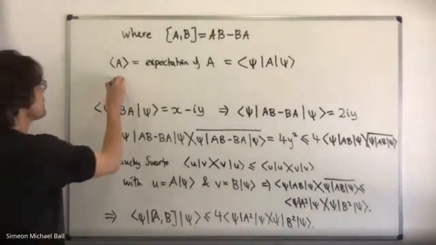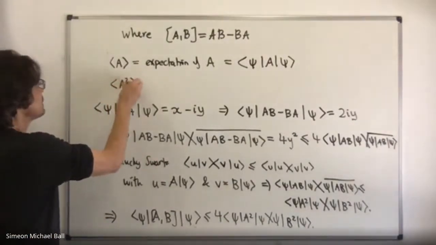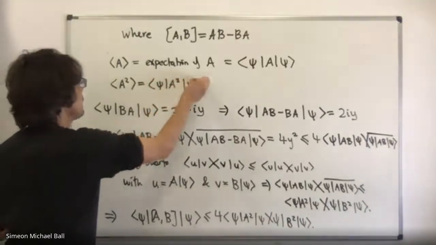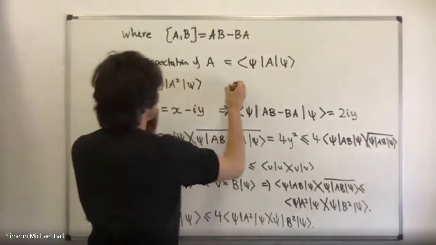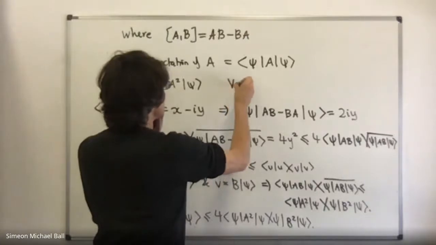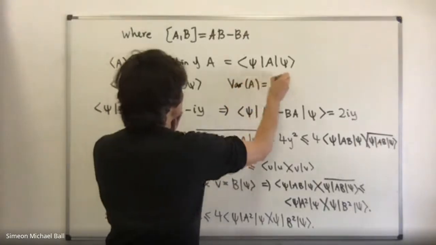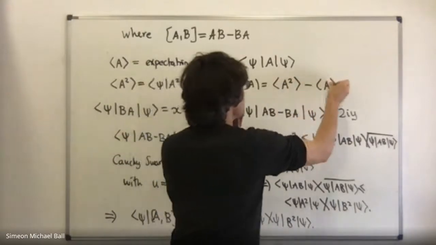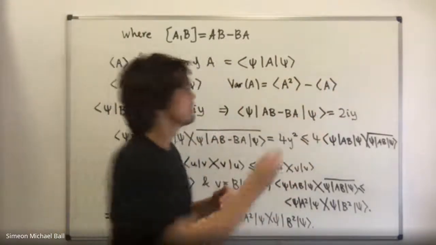Okay. So the average of A squared is obviously A squared. And you will recall that the variance is the expectation of A squared minus the expectation of A, squared.